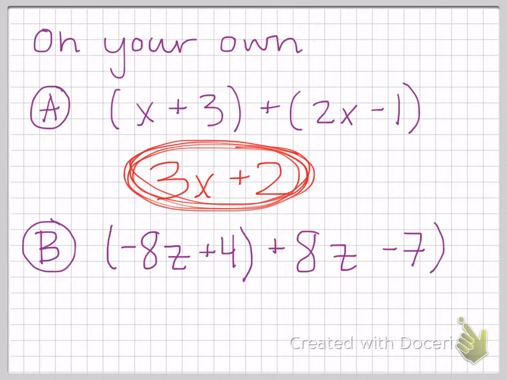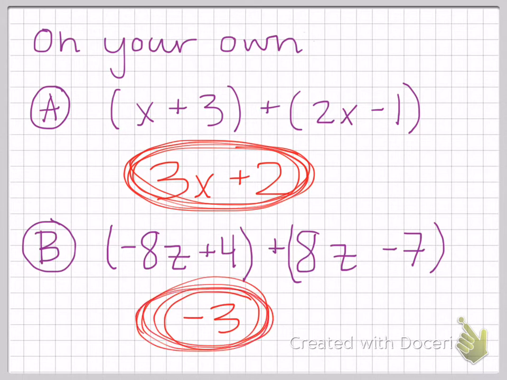Let me put that in parentheses. Okay, go ahead and try it. Okay, the answer is negative 3. Who got it? Who got it? High five yourselves. Okay, awesome, awesome. Now, we are going to move on to example 2.